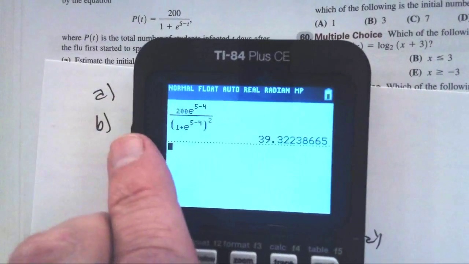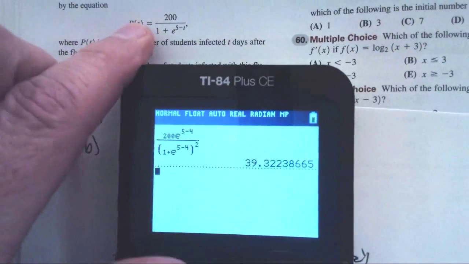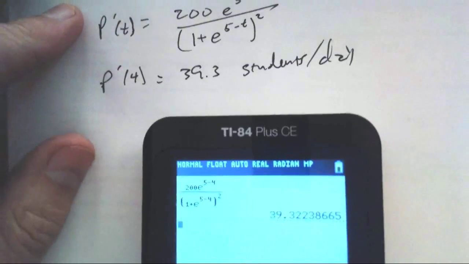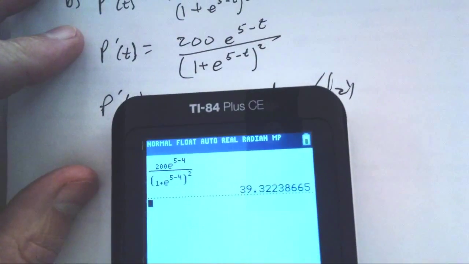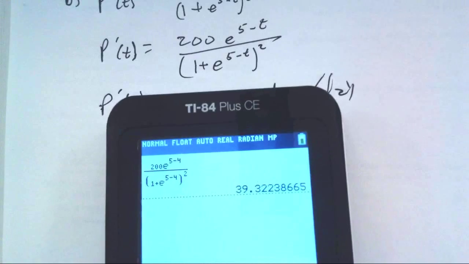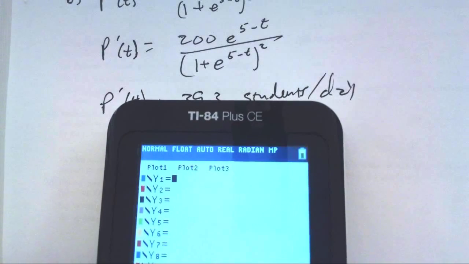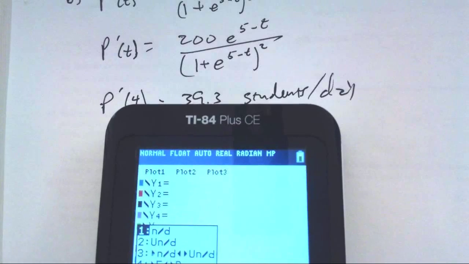It says, when will the flu spread at its maximum rate? We want the maximum from this derivative function. So I'm going to take that derivative function and graph it and see what we get here. So we get y equals, again, I'm going to go alpha y equals, so I can enter it this way.